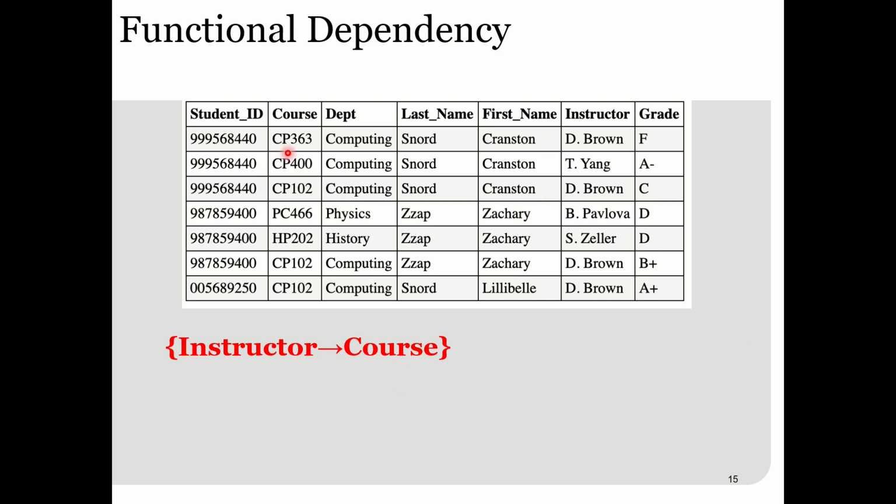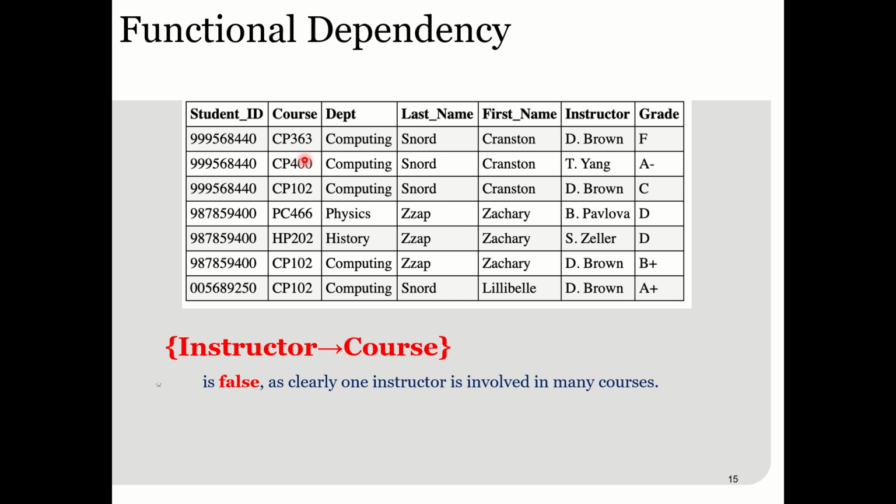And now comes another one: instructor followed by the course. Say if I look at the instructor, D Brown is CP365, D Brown is CP102, then D Brown is this one. But here, this is false, because one instructor is involved in many courses. So there is a multi-valued attribute which comes into the picture.